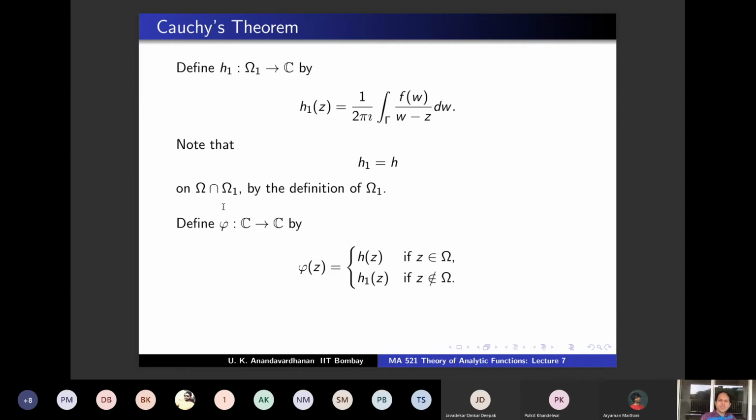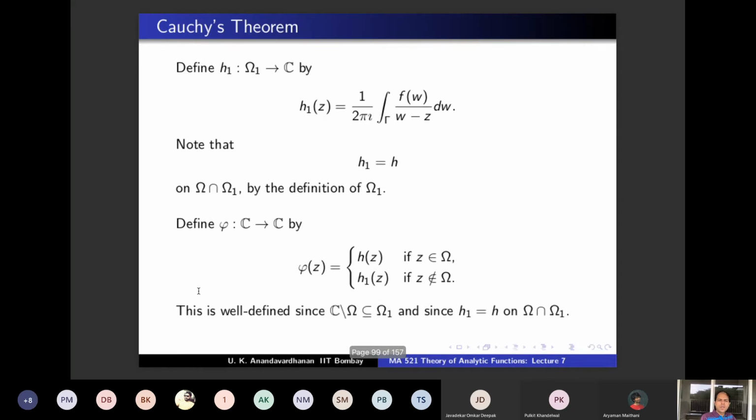And this is an entire function because both these functions are analytic. This is holomorphic in omega, this is holomorphic in omega 1, and on the intersection they agree. So wherever it's defined, it's holomorphic. So phi is an entire function as both these functions are holomorphic. All of you are with me?